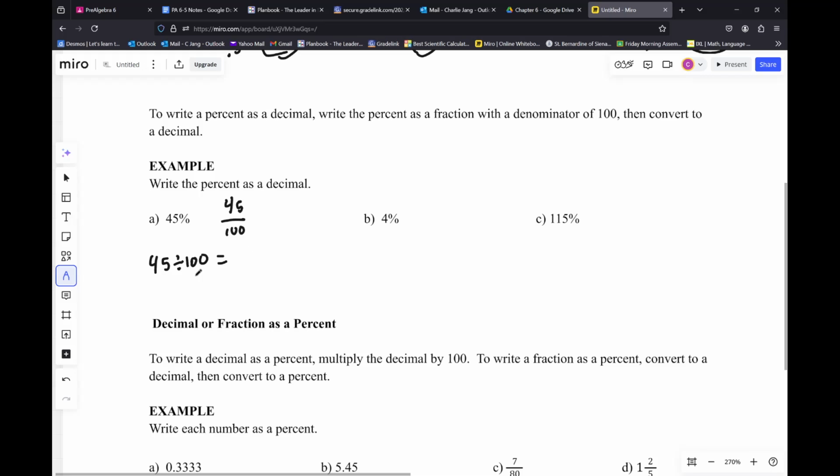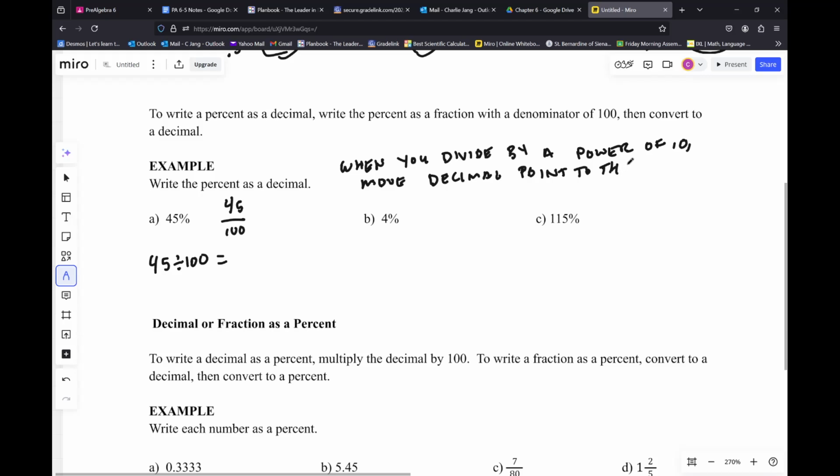So when you divide by a power of 10, you move the decimal point to the left. How do you know how many spaces to move to the left?